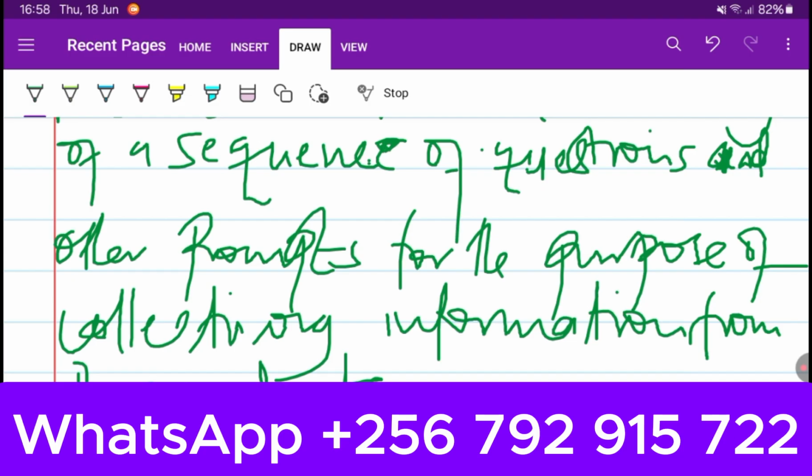Some of those questions could be directly related to the problem of inquiry, or it could be a little bit off the topic of discussion, but intended to capture additional information.